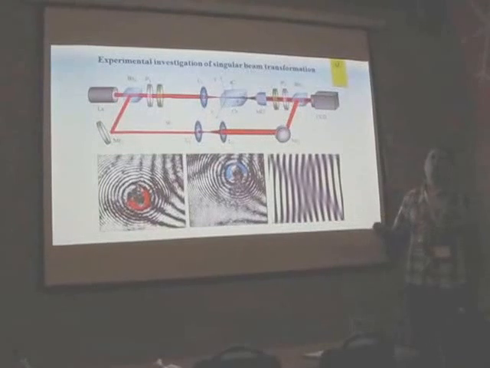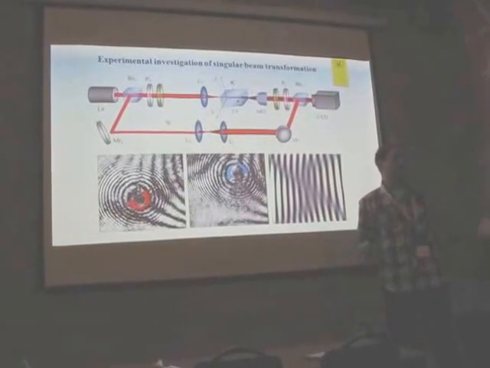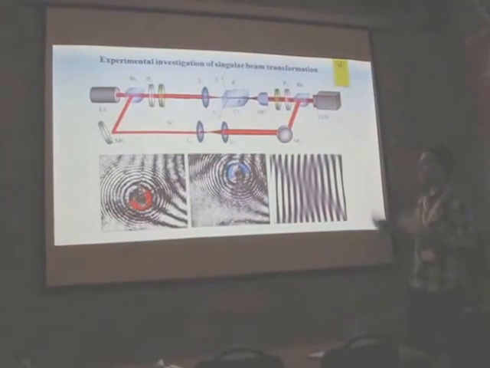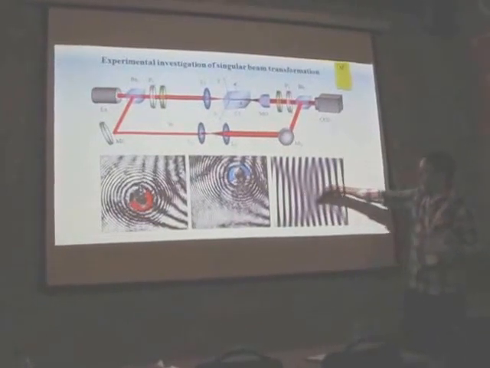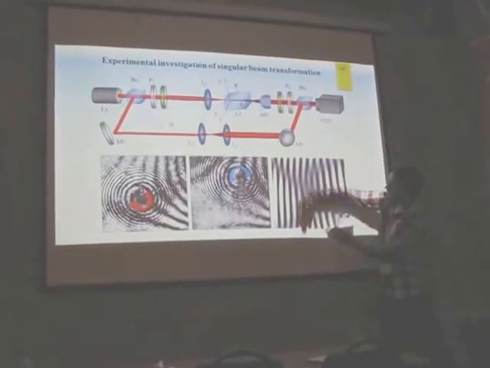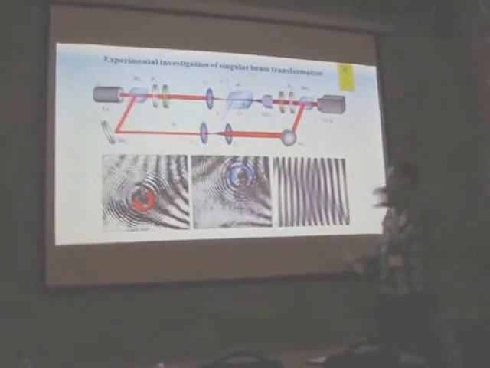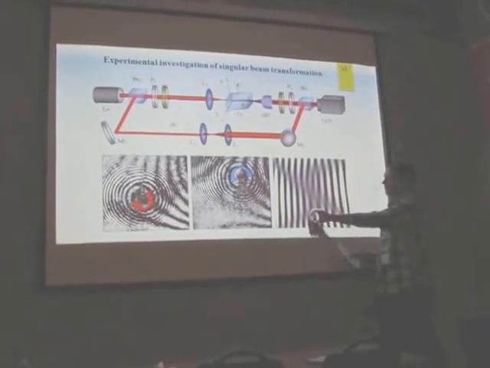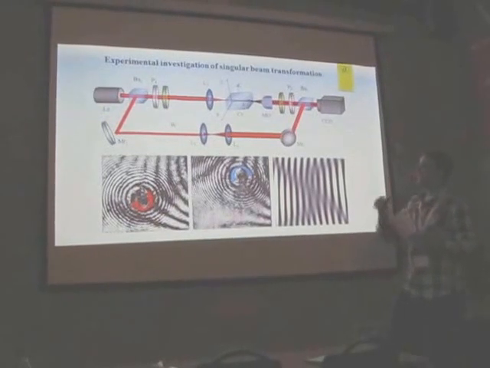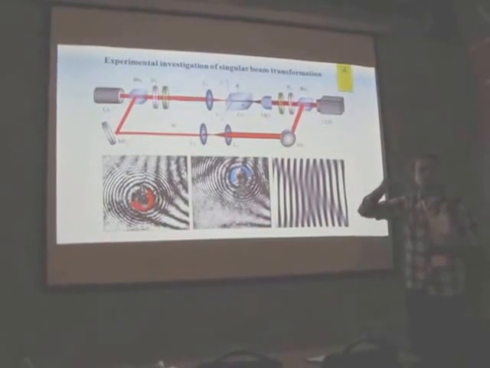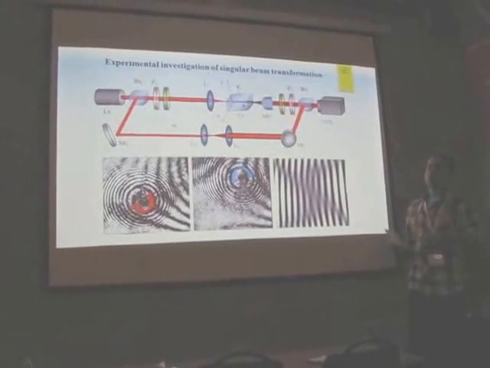You may ask about the hologram which we use for generation of an optical vortex. The hologram is this part of the picture. If we crop this and illuminate it with a Gaussian beam, it becomes singular, with a dark spot in the center. It's like a tornado.